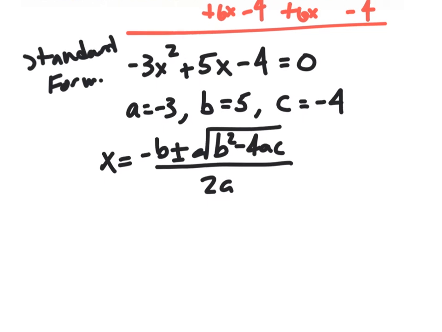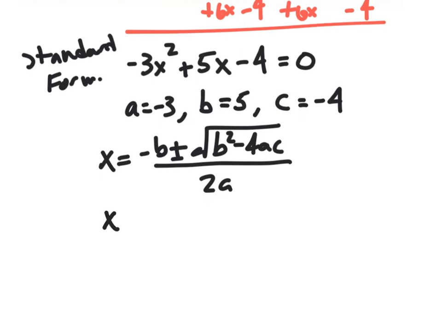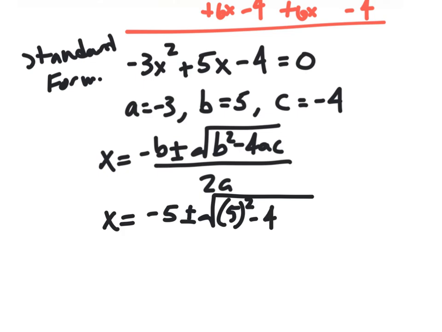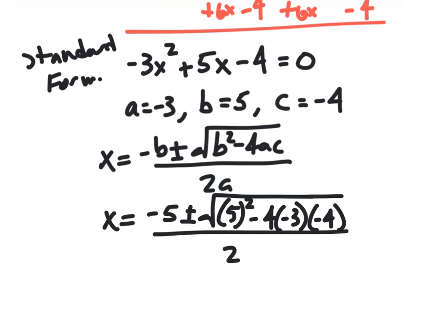When I plug all that in, we get x equals opposite b, which is negative 5, plus or minus the square root of 5 squared minus 4 times negative 3 times negative 4, all over 2 times a, which is negative 3.